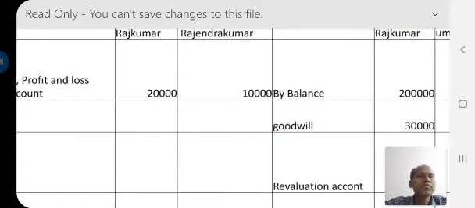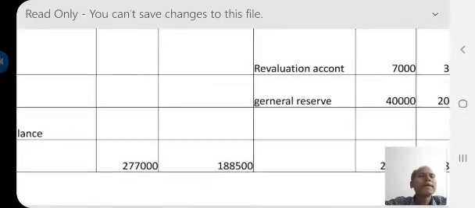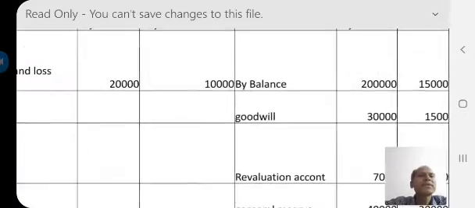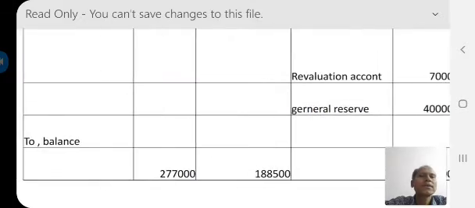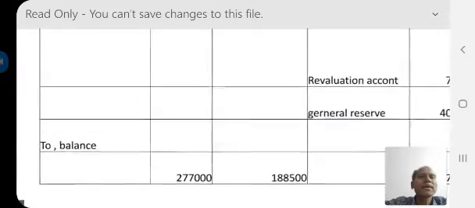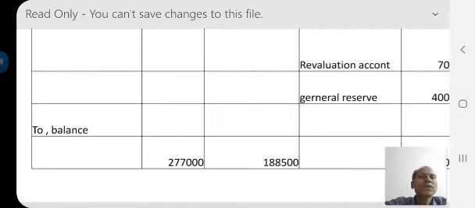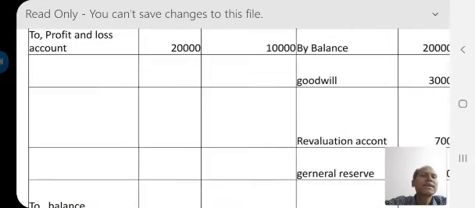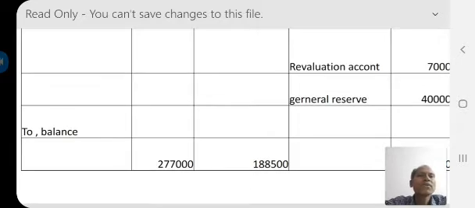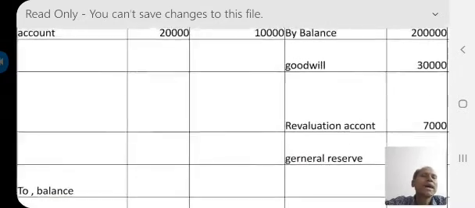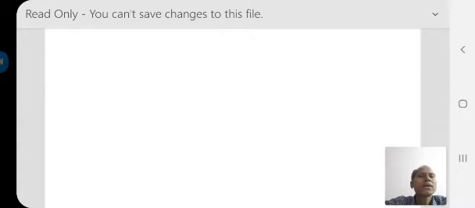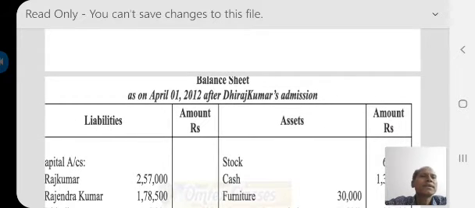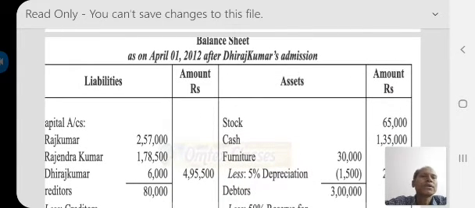Now, if we deduct these 20,000, 10,000 from 2,77,000 and 1,88,500, the resulting figure is 2,57,000 and 1,78,500. Okay, now we shall go further. Yes, this is the new balance sheet.